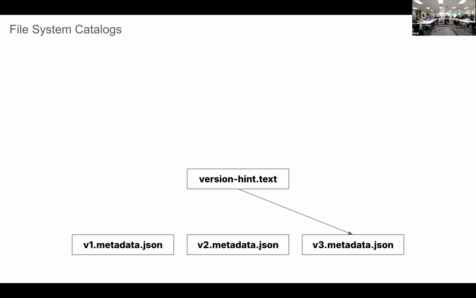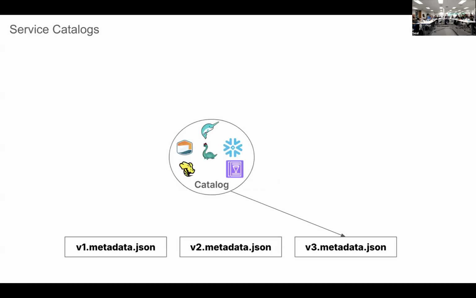What you typically do for production purposes is use some sort of service catalog. A service catalog is some sort of running piece of software. This could be something like Apache Polaris, Nessie, Hive, or Glue. There's a variety of different options, but it's a running service that the tool would then make a request to.